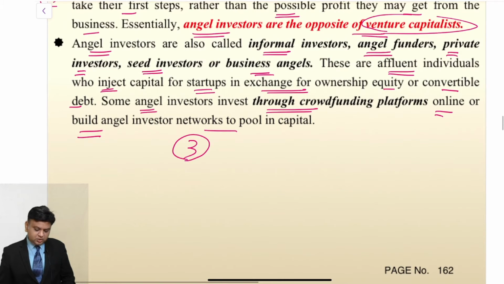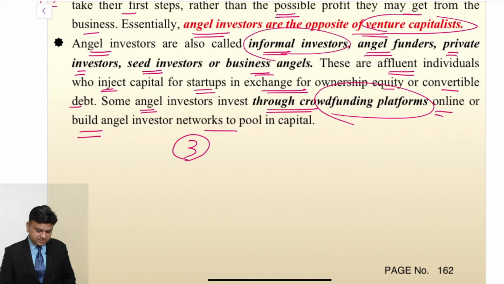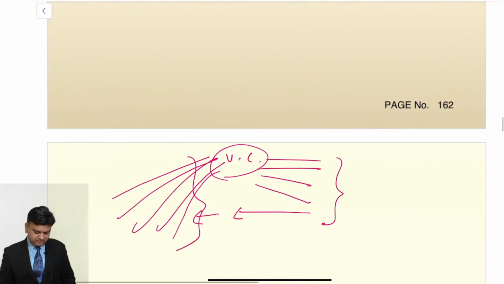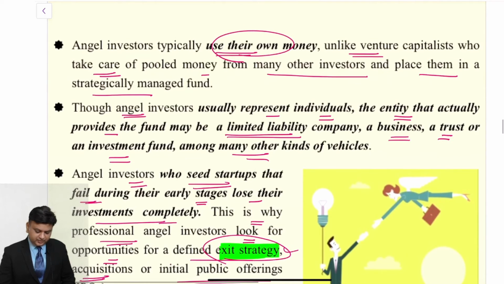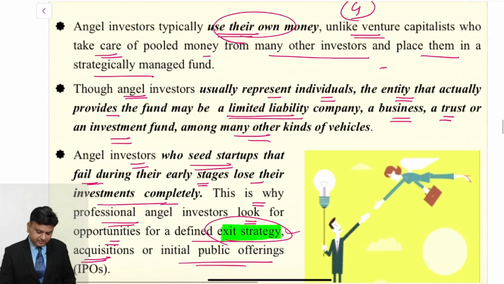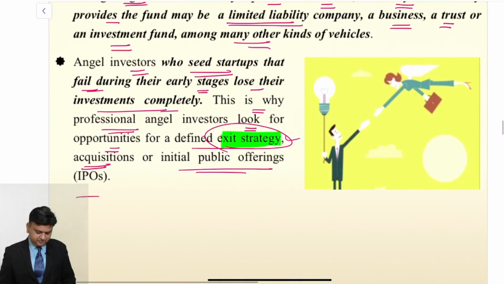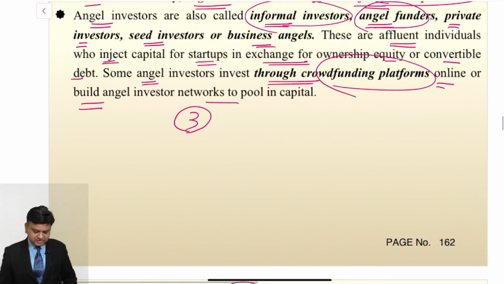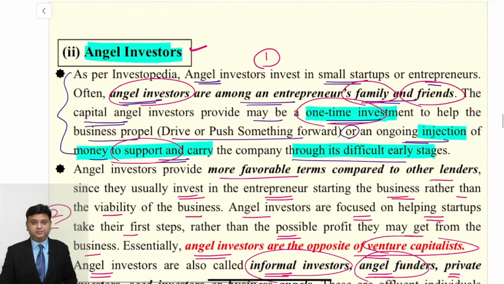Third, you will be able to get funds through crowdfunding platforms or informal investors, angel founders, etc. Importantly, they will invest their own money. It can be an individual, limited liability company, or trust, and they will have an exit strategy. So these are the 6 points they have included.